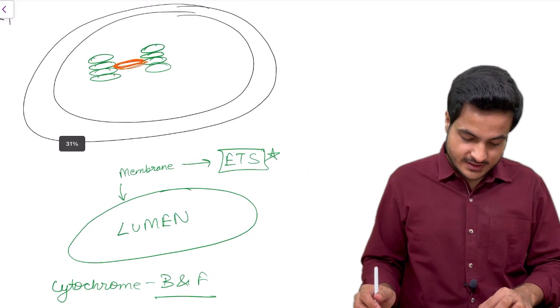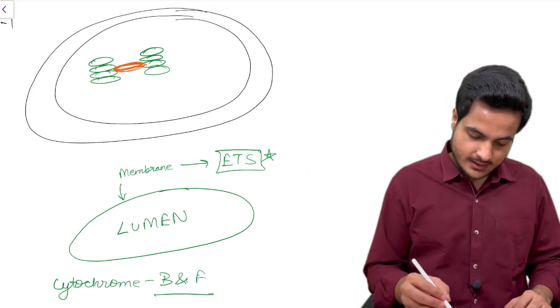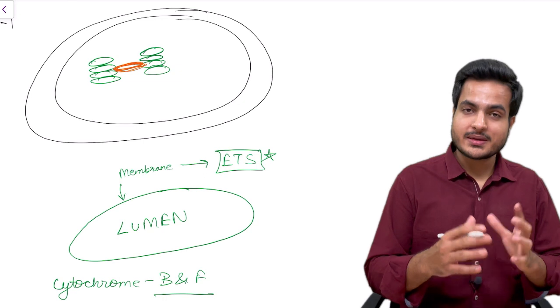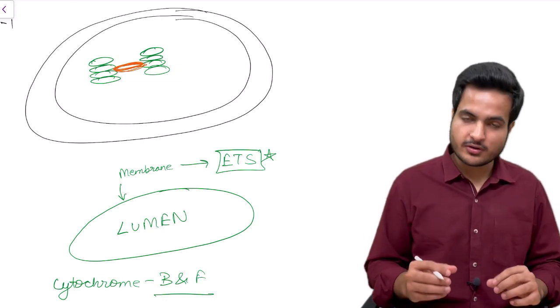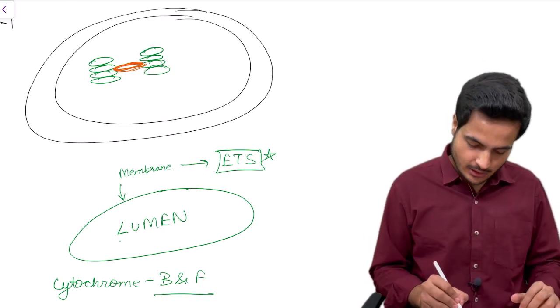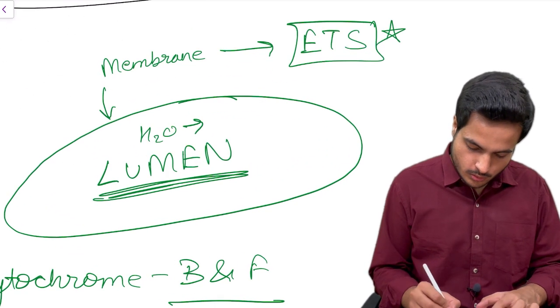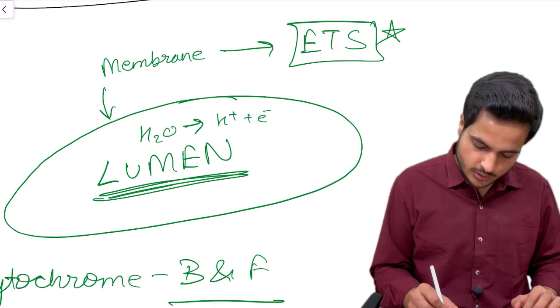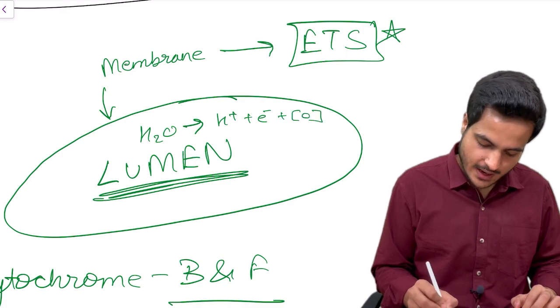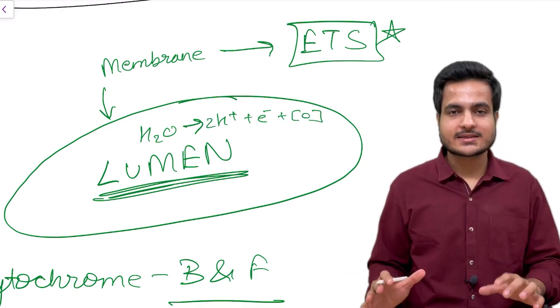Now you can see in this diagram that inside the chloroplast we have many thylakoids, and inside the thylakoid we have the lumen, and in this lumen only, water is splitting into protons, electrons and a nascent oxygen atom. That's the story.